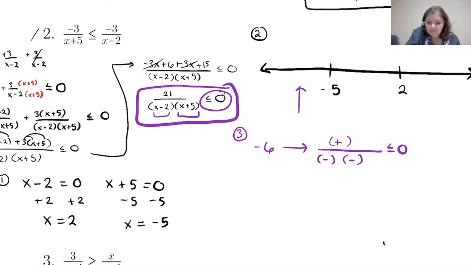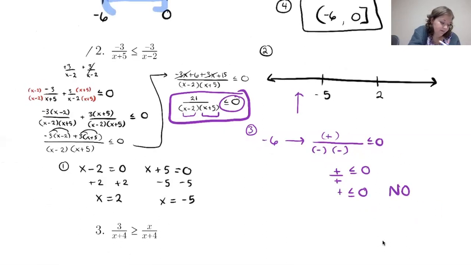So the bottom is negative times negative, which is positive. So this is essentially a positive over a positive, which is a positive number. If you want, I can write out the steps. So it's positive on top, and then negative times negative is positive, and positive divided by positive is positive. So we got positive less than or equal to 0. That is not true. So since it is not true, this interval, we'll write no, and we will not include it and not shade that.